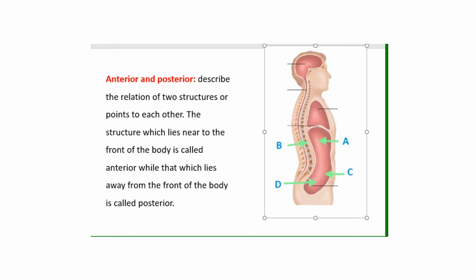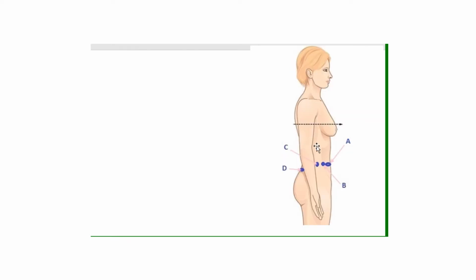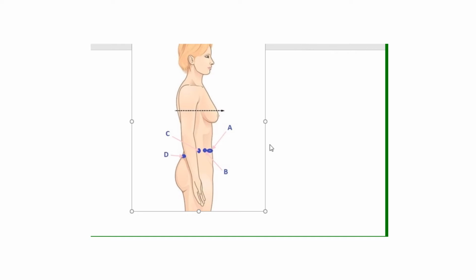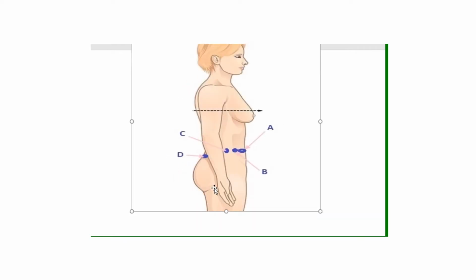However, if we see this figure, it is a proportion. The point A is anterior to the point B. The point B is anterior to the point C. Point C is posterior to point B. Point D is posterior to all these points.